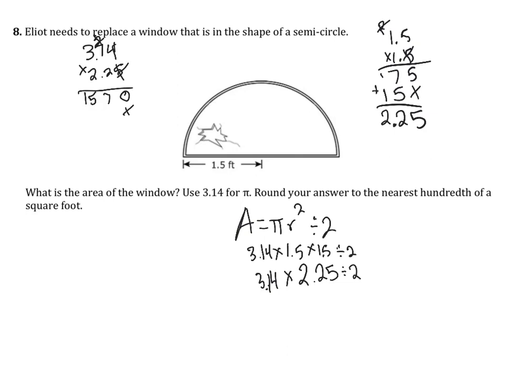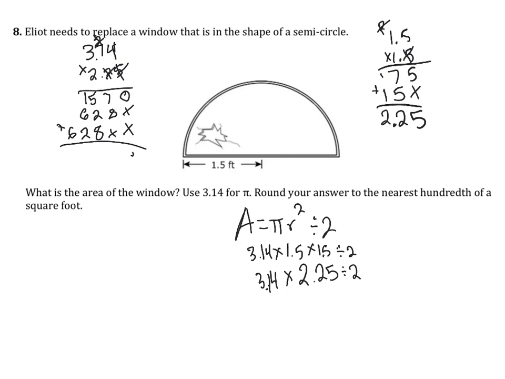Put an extra place value. 2 times 4 is 8. 2 times 1 is 2. 2 times 3 is 6. 2 x's for place value. 2 times 4 is 8. 2 times 1 is 2. And 2 times 3 is 6.